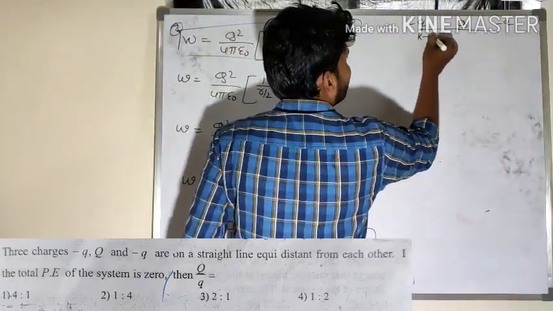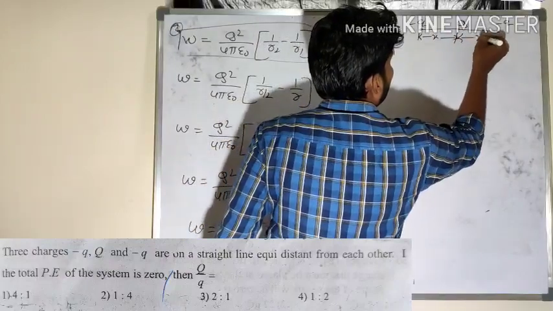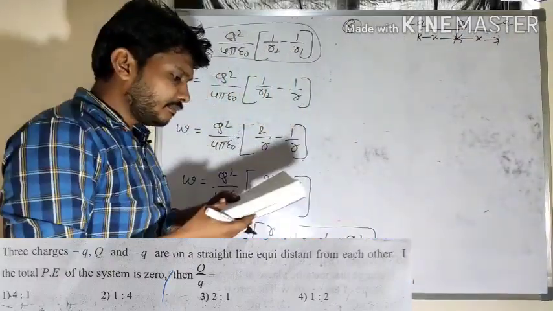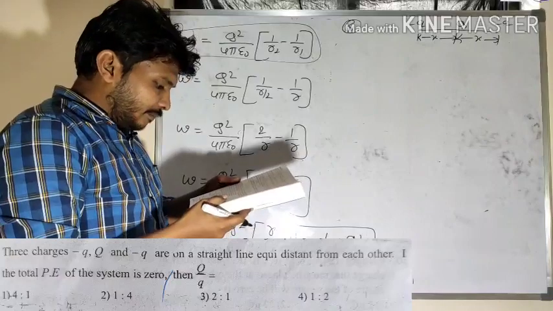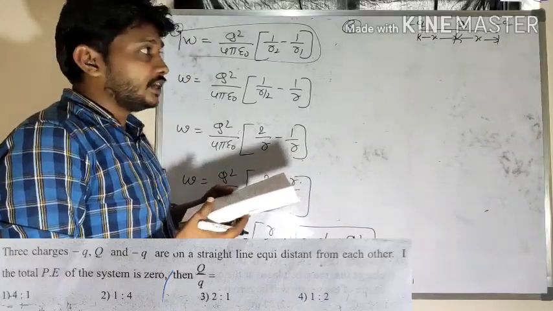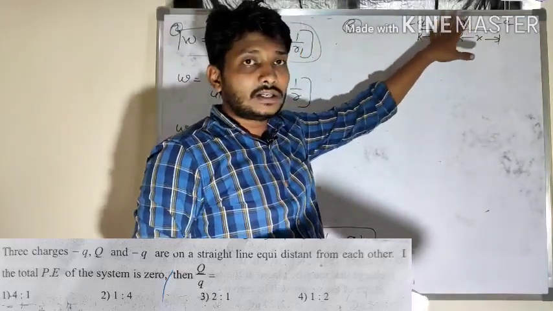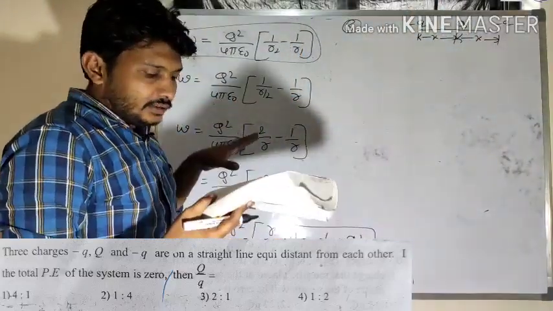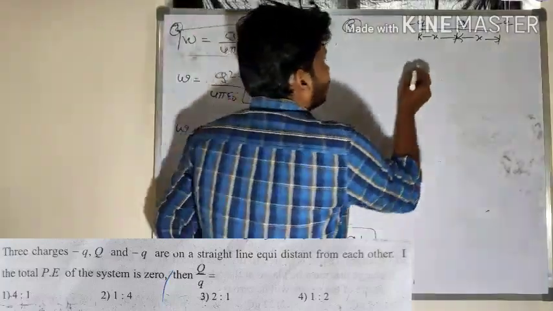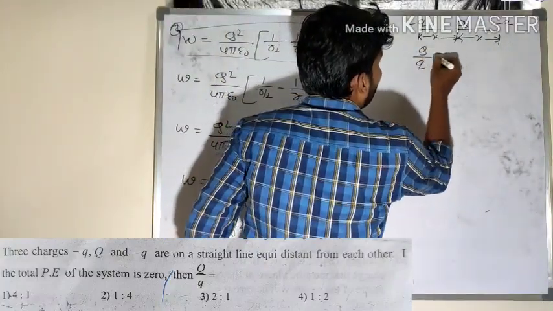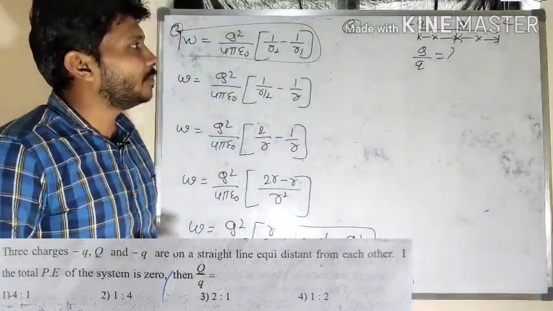For example, let the distance be x. Then the potential energy of the system is 0. So the total potential energy of the system is 0. Then what is the ratio of Q by q? Let me find out the ratio of Q by q here.